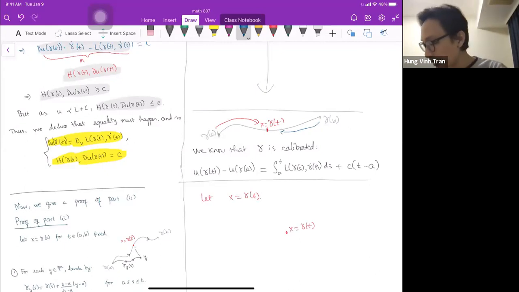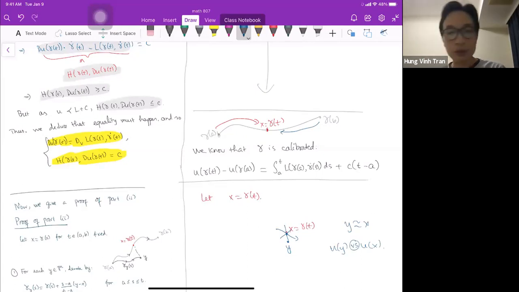I need to see what's going on around x. For example, I'm looking at this point y. How do I see the difference in the values of u of x and u of y? For y near x, how do I compare them, and how do we read off the information to conclude that u is differentiable at x?